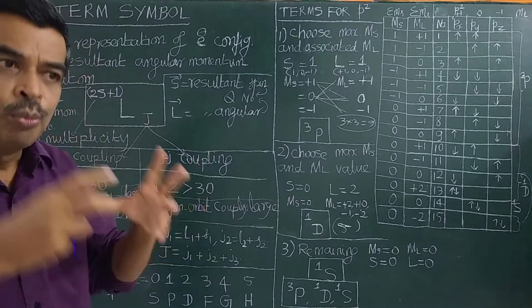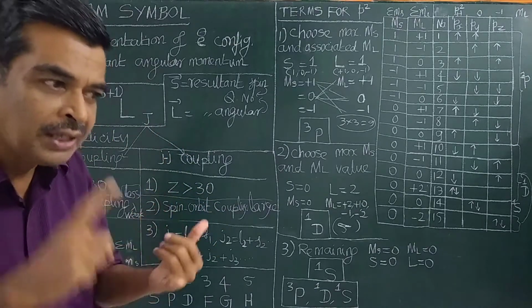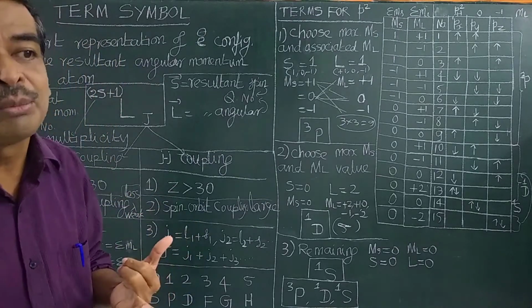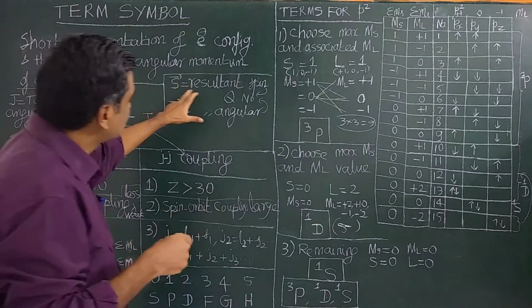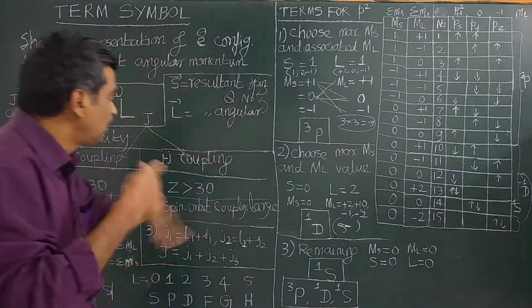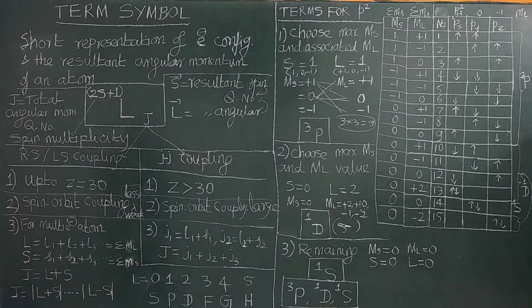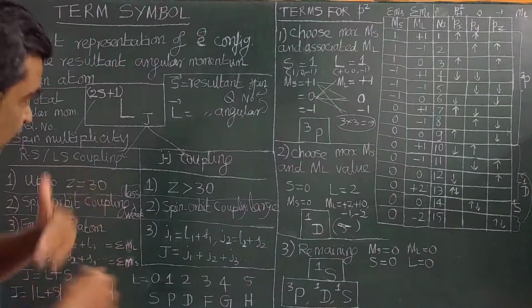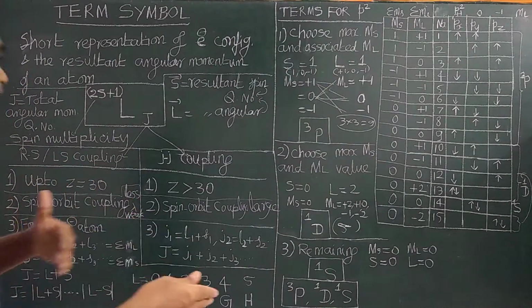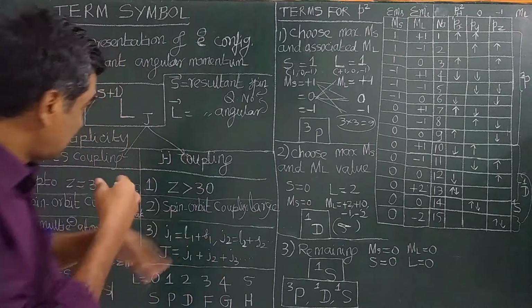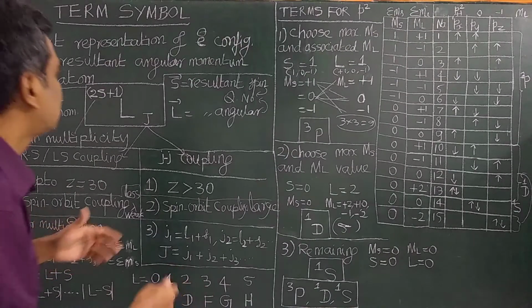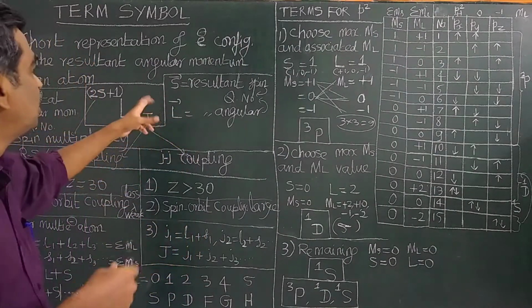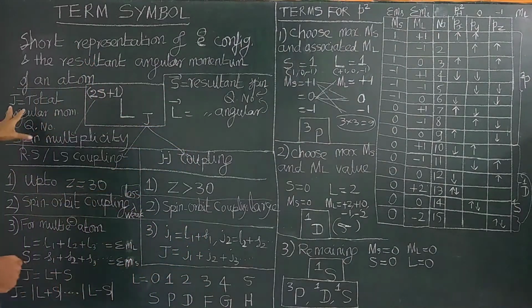Therefore, it has both orbital angular momentum and spin angular momentum. For the resultant spin quantum number, you add the spin quantum numbers of the various electrons present in the atom. Similarly, L is the resultant orbital angular momentum quantum number. Next, J is the total angular momentum quantum number.